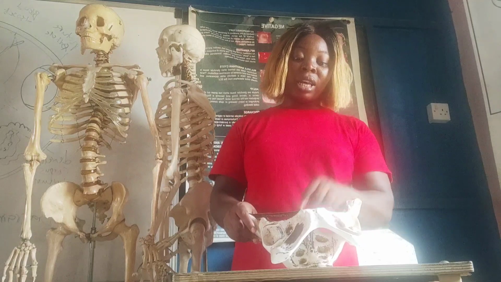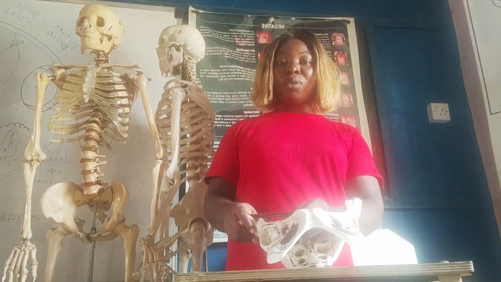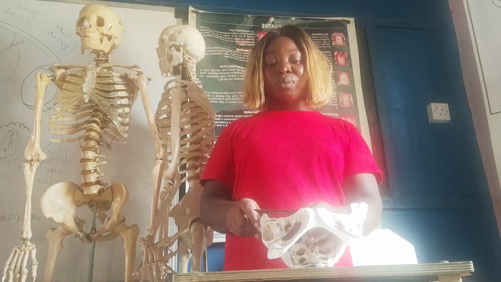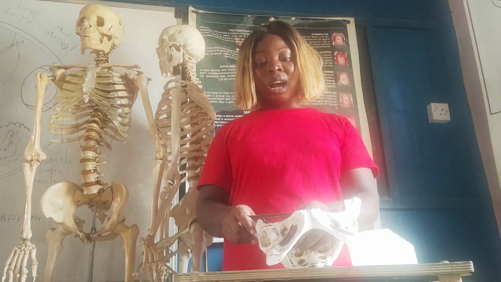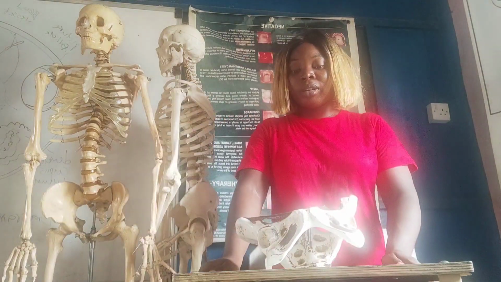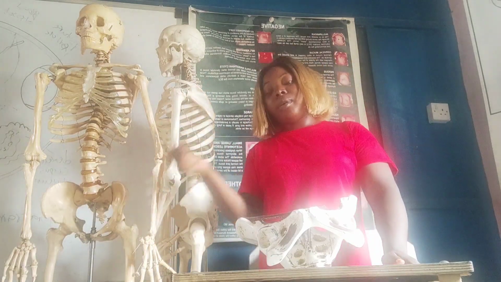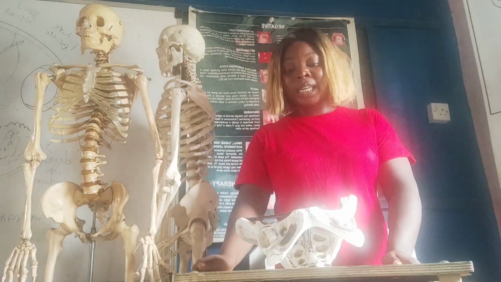We now have the inner border of the body of the pubic bone, the inner border of the symphysis pubis, and the inner border of the superior ramus of the pubic bone, leading to the diameters of the brim, the cavity, and the outlet.